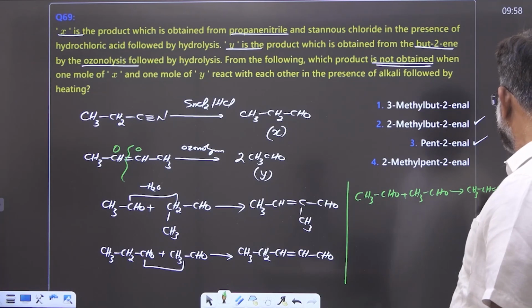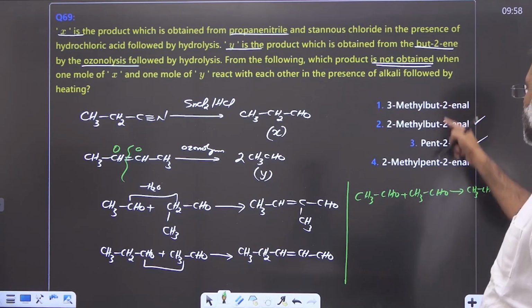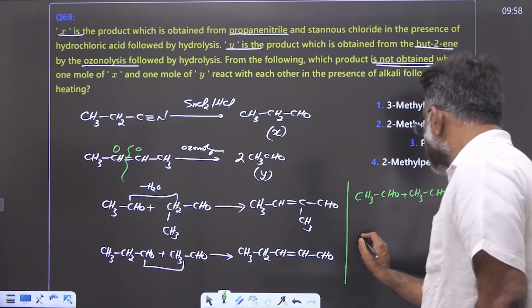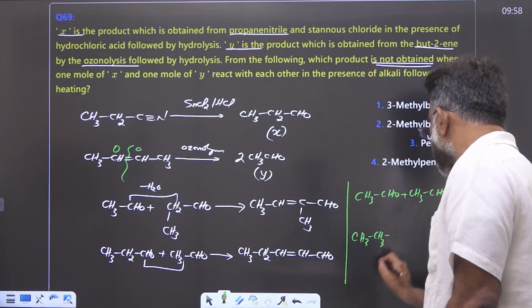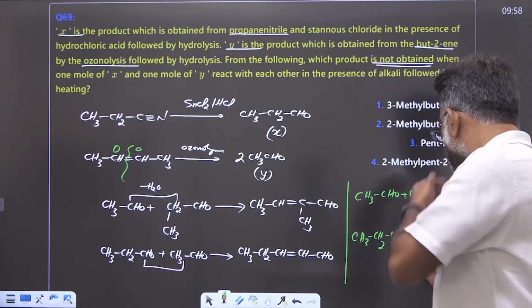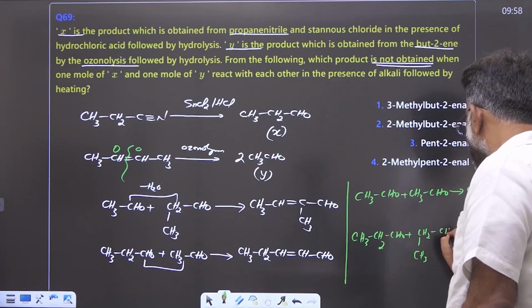That is but-2-enal, 1, 2, 3, 4. But-2-enal is not in the choices. Suppose we take the self-condensation of propanal, CH3CH2CHO plus CH3CH2CHO.